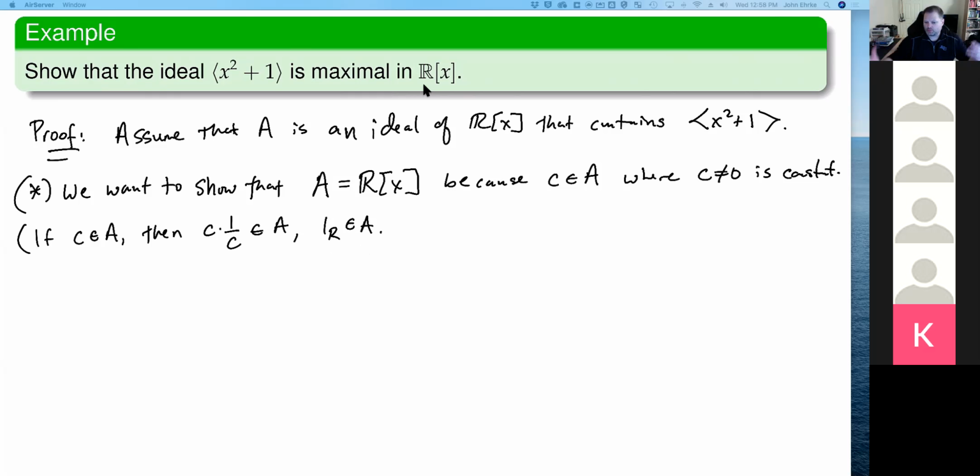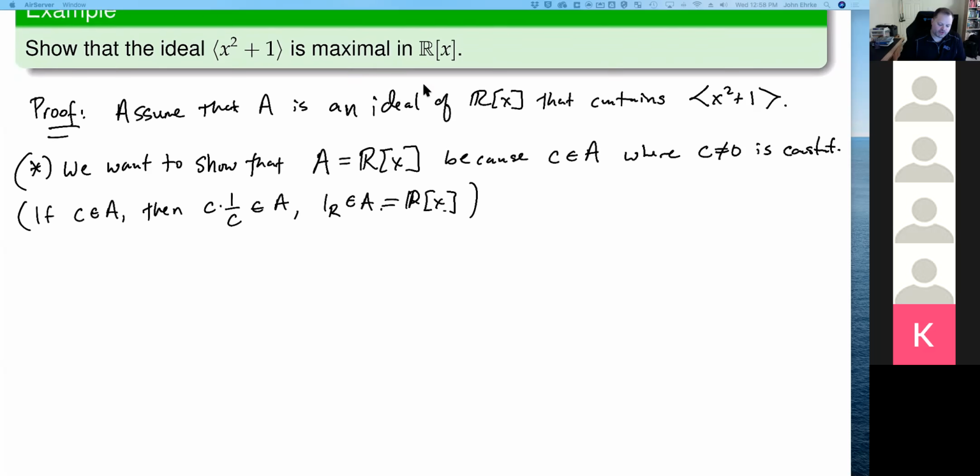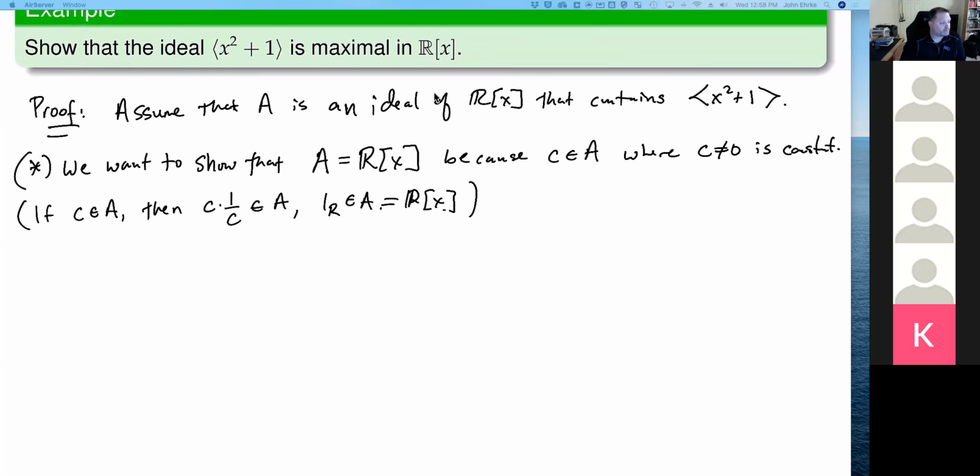That's an important point to remember moving forward. So if a constant is in the ideal, then so is the product of it with its inverse, which turns out to be 1, which implies that A would then equal the entire ring. So that's what we're going for to prove this: we're trying to prove that this ideal will contain a constant. So we're going to do this in steps.